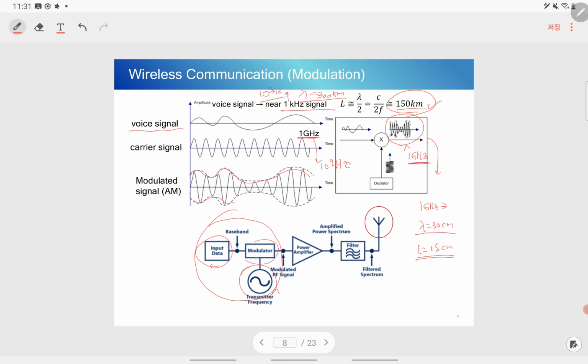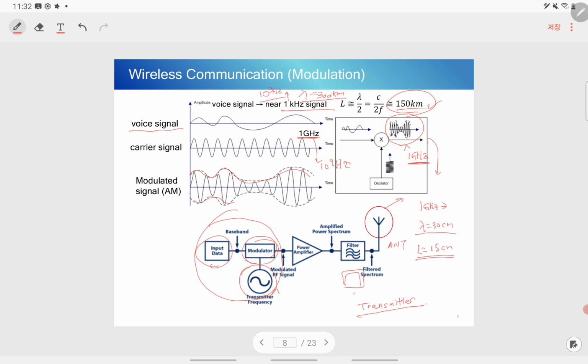We generate a modulated signal, then with this amplifier we amplify the signal, then we filter the noise, and then we send the signal through the antenna. This is the transmitter side.